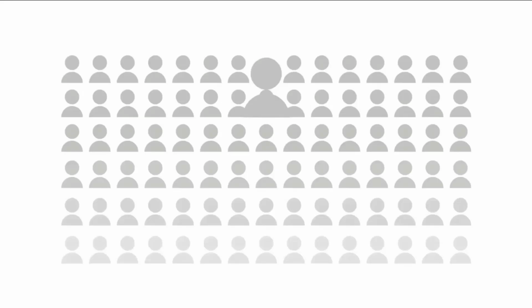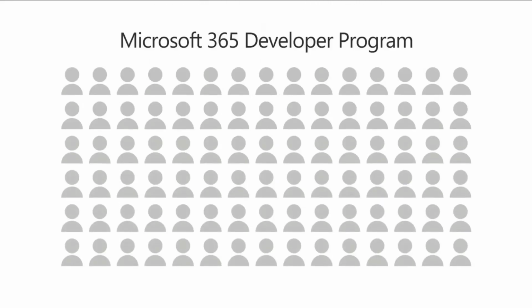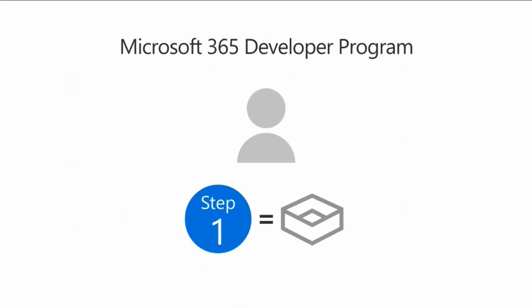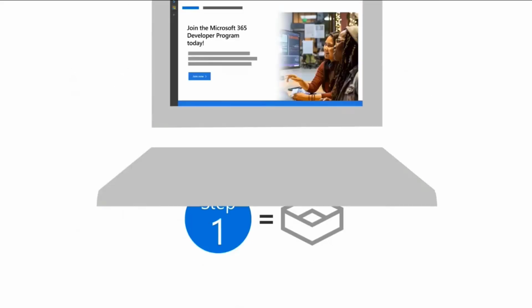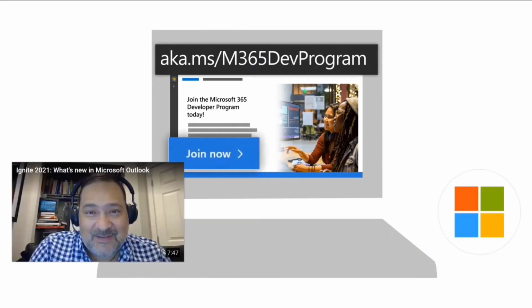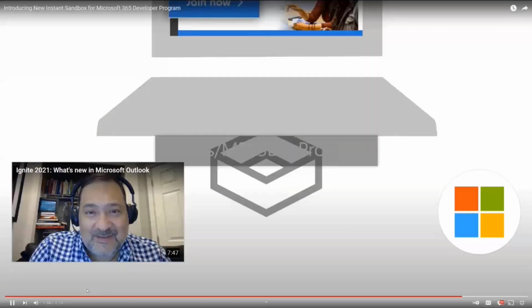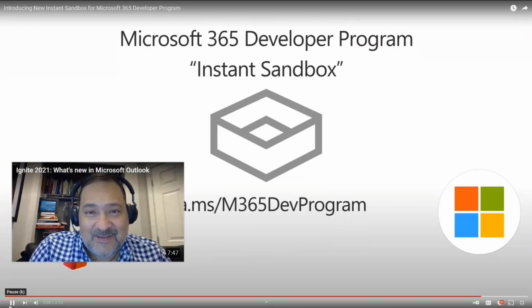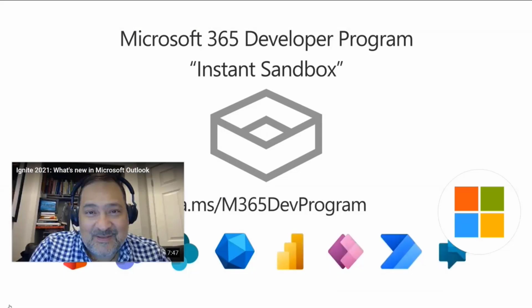Join the hundreds of thousands of developers participating in the Microsoft 365 Developer Program and get the benefits of an instant sandbox. Simply go to aka.ms/M365DevProgram and click Join Now. Instant Sandbox. It's your friction-free way to learn and build Microsoft 365 apps and solutions, including Microsoft Teams, SharePoint, Microsoft Graph, and Power Platform.